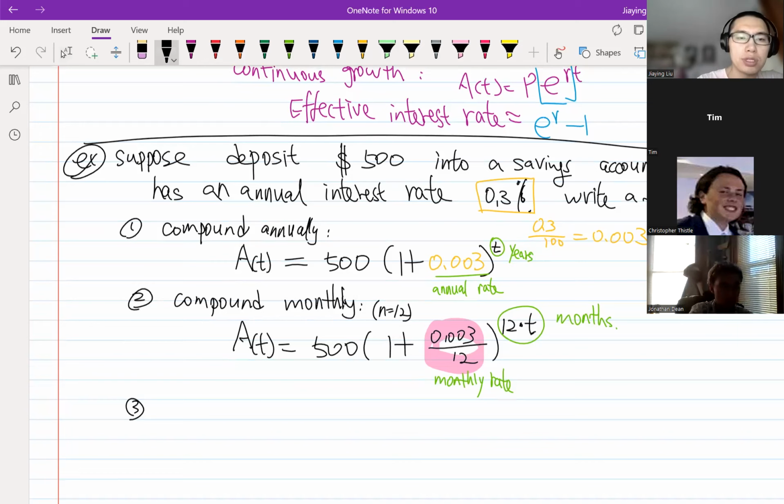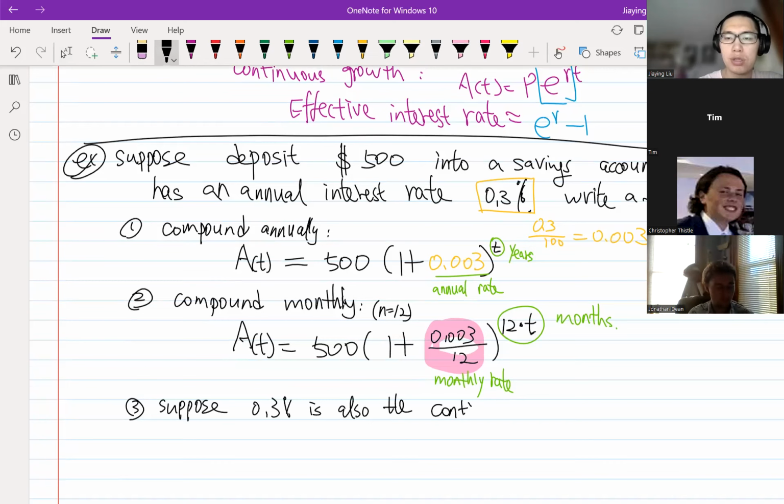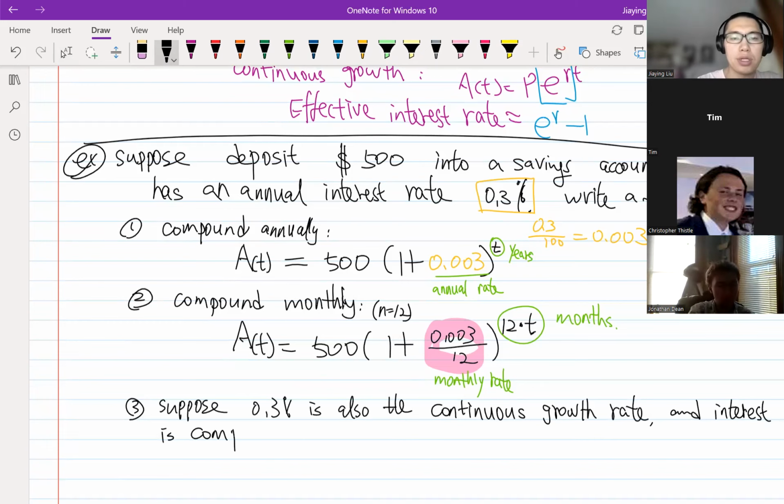Now, suppose 0.3% is also the continuous growth rate, and the interest is compounded continuously. What's the balance?